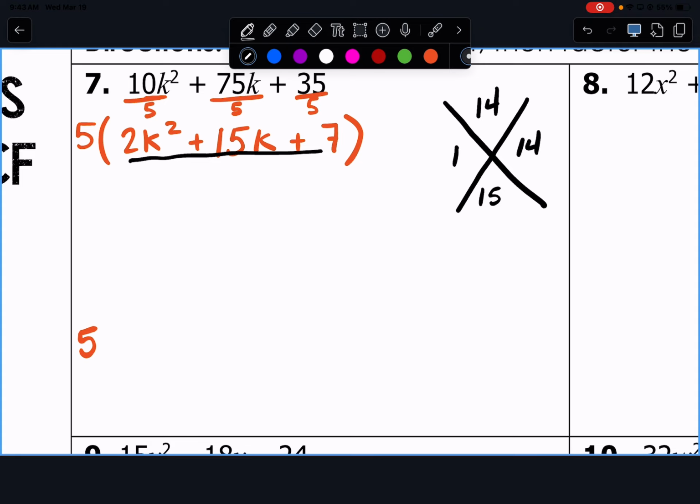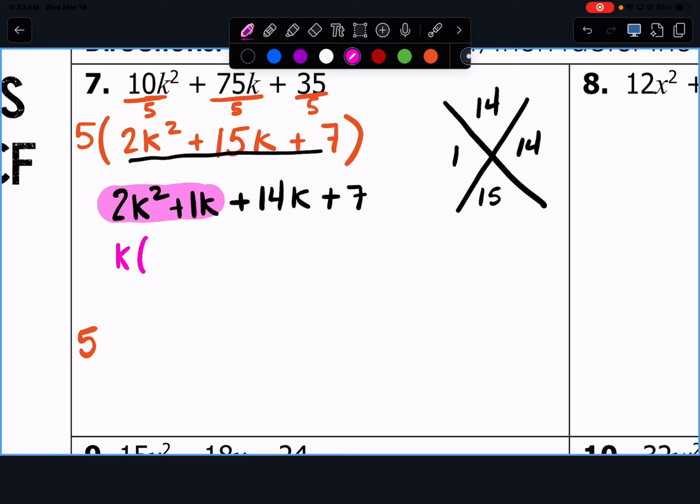14 and 1. So then we just do what we've been doing. So 2k squared plus 1k plus 14k plus 7. And then I group. Group the first two. What's my GCF? Which will leave me with?